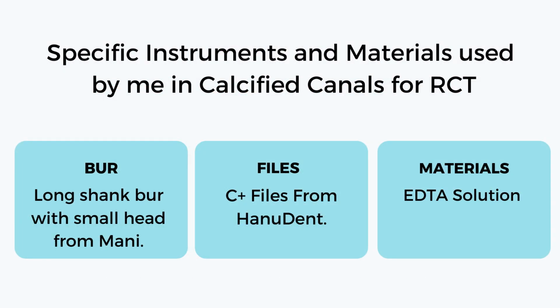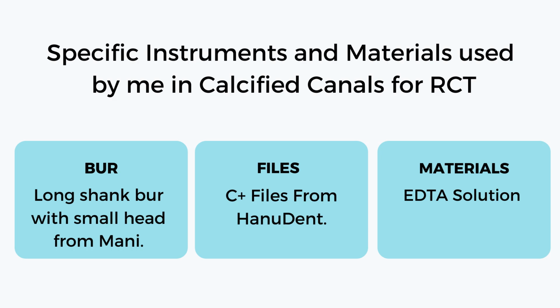These are the specific instruments and materials that I use to negotiate a calcified canal. I use a long shank burr with a small head from Mani to refine the axis and move towards the canal orifice.